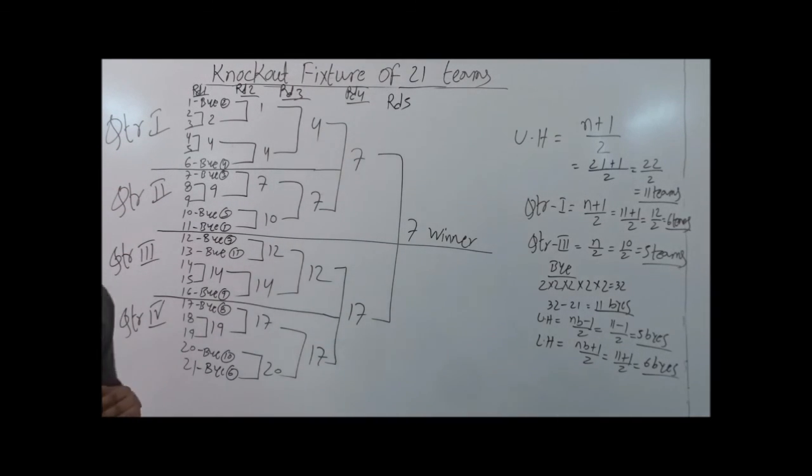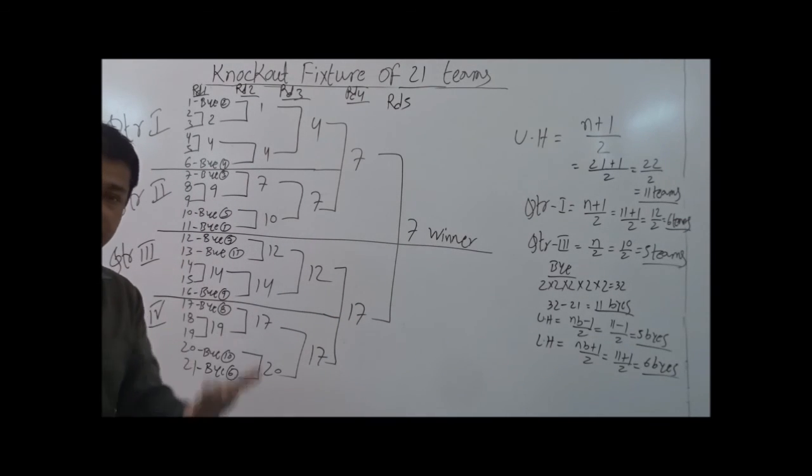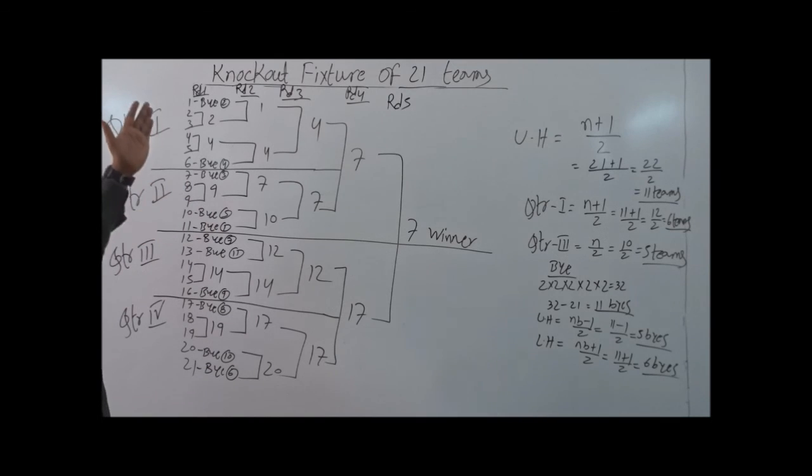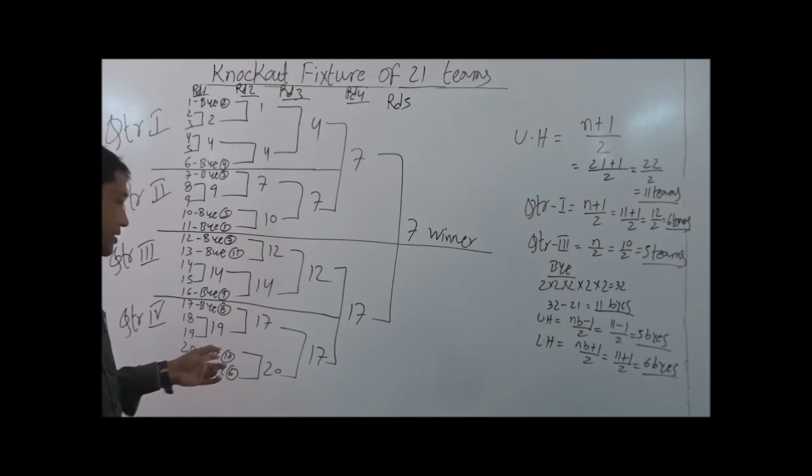So, first of all we have learned about 8 teams, then 16 teams, then 13 teams, then 17 teams, and this one is 21 teams.